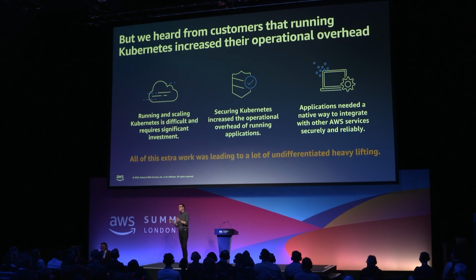And all of these operational overheads, we here at AWS class as undifferentiated heavy lifting. These are things that we can do to make it easier for you to manage and run your applications.